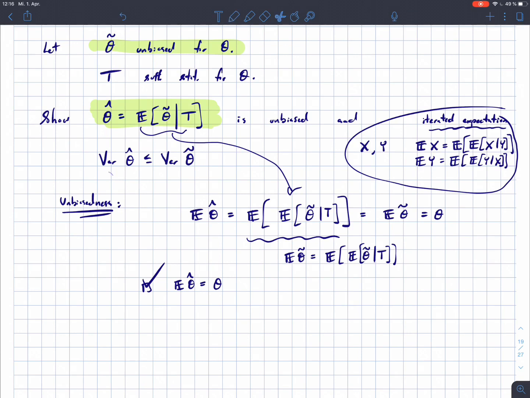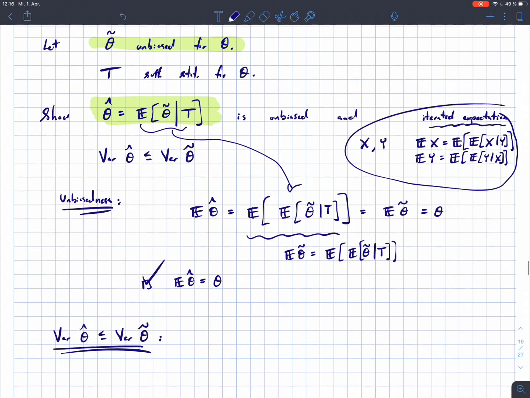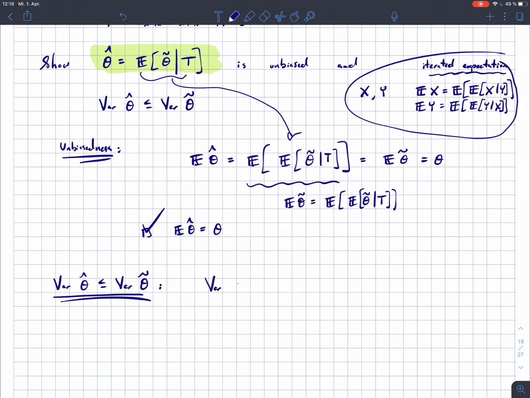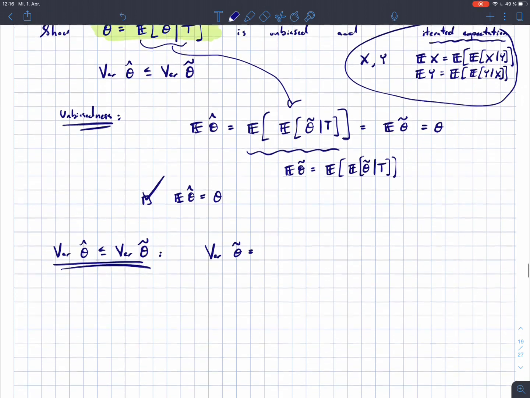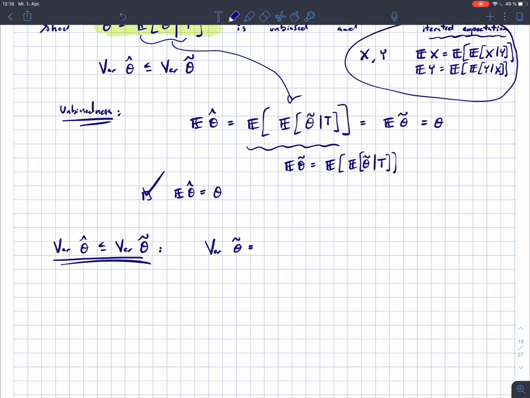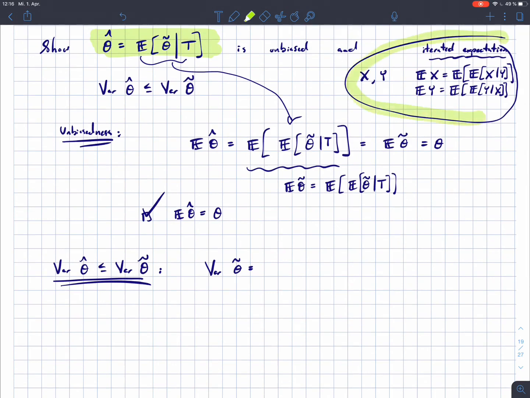And now let's work on showing this second property. Let's start by writing down the variance of theta tilde. We're going to use an idea like this iterated expectation. We also had something called an iterated variance formula.